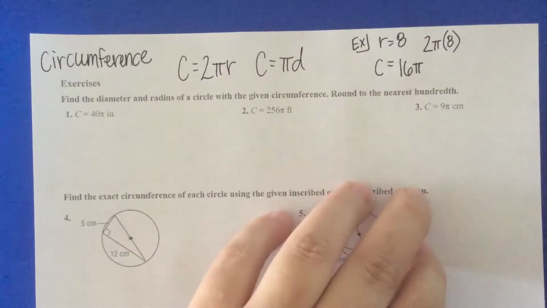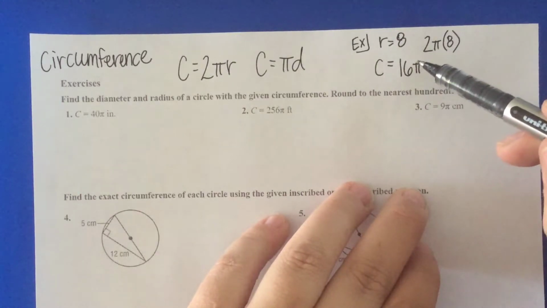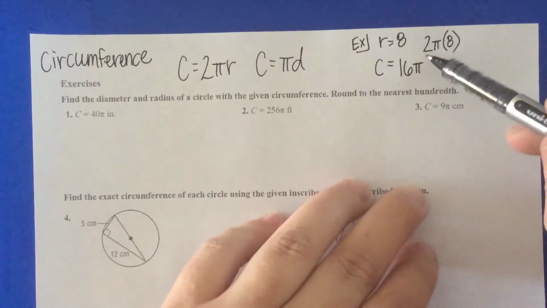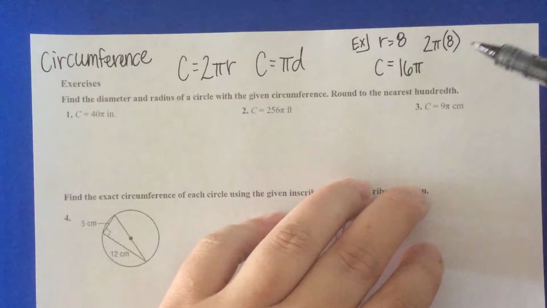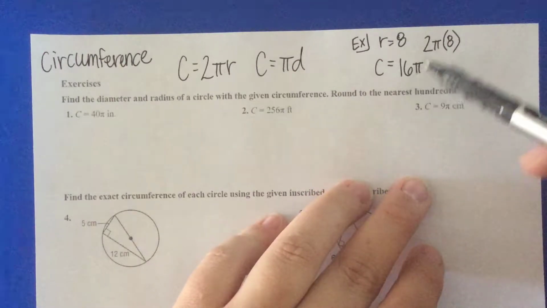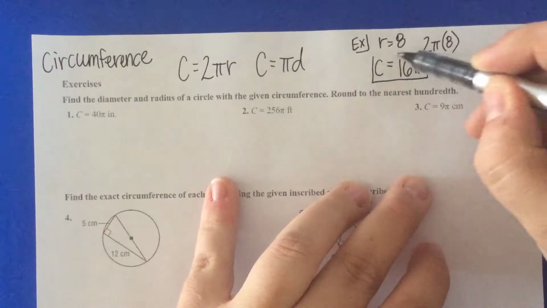Now in our case, we are going to leave our answers in terms of pi. This is called an exact answer. Now you could put this in the calculator and say 16 times 3.14 approximate, and get around 48, but I want you to just leave it as 16 pi, so this would be our circumference.